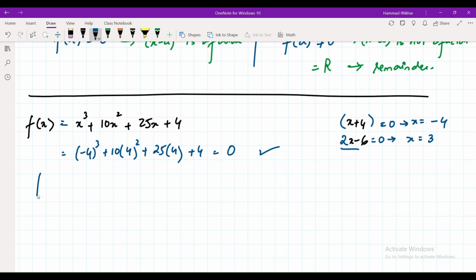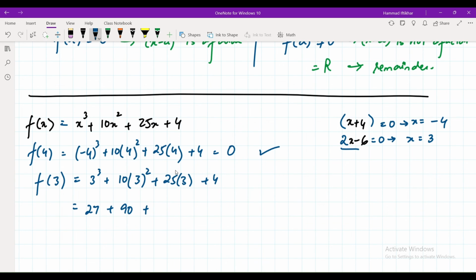Now let's try that. F of 3. So 3 cubed plus 10 times 3 squared plus 25 times 3 plus 4. 27, 90, plus 25 times 3 is 75, plus 4.